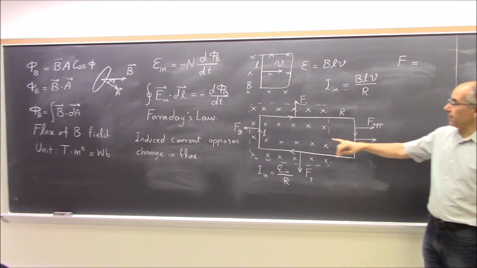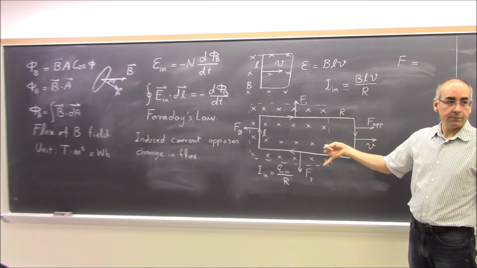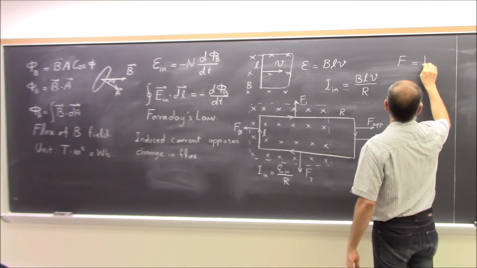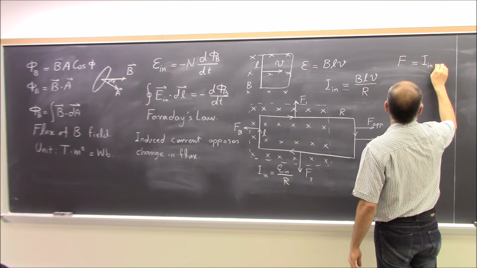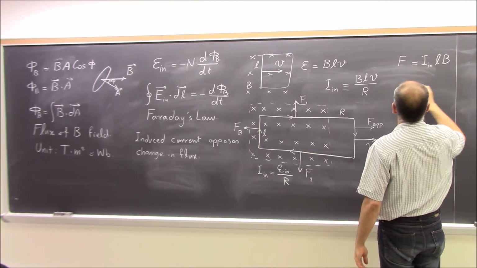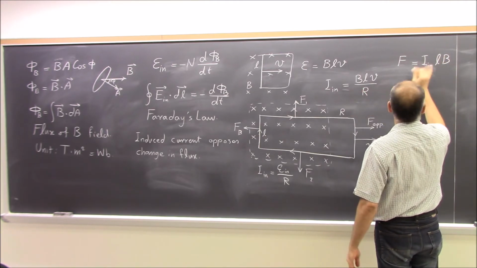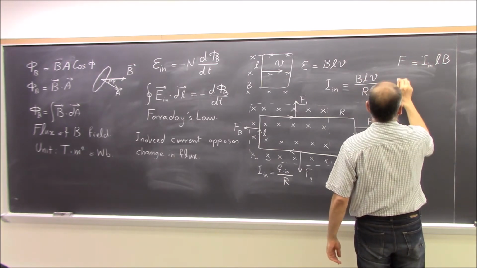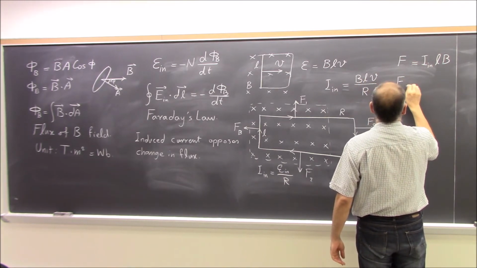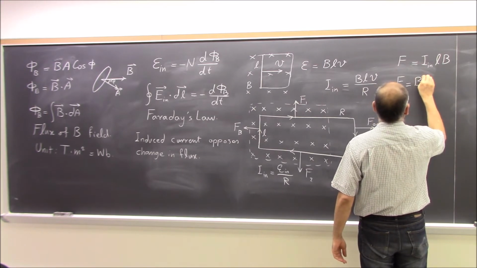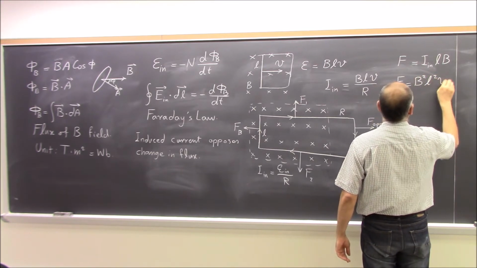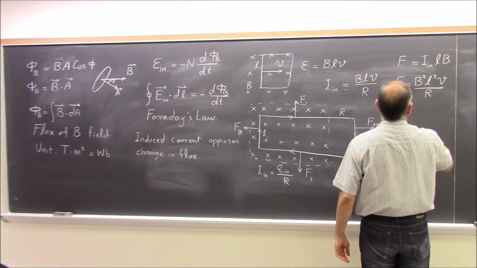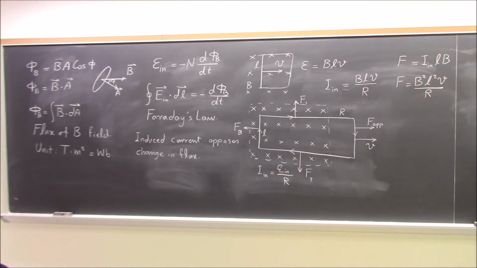It is I L times B, the induced I, L times B. So if you multiply this I by L times B, you get B squared L squared V over R. You have to apply this much force to move at the speed V in the magnetic field.